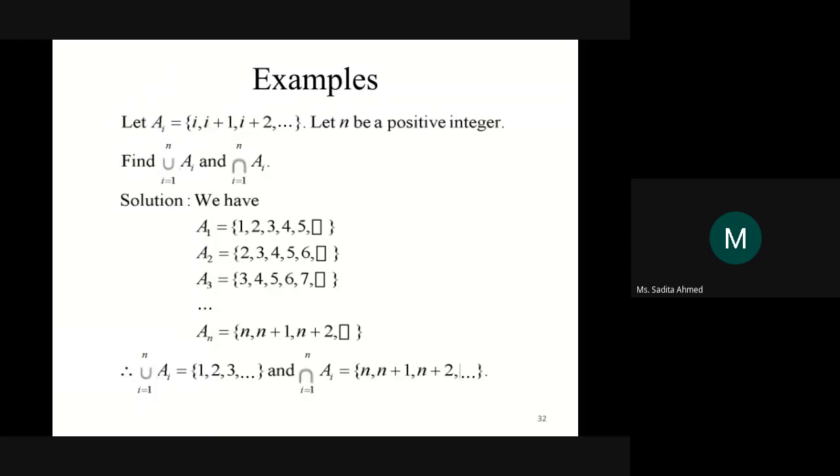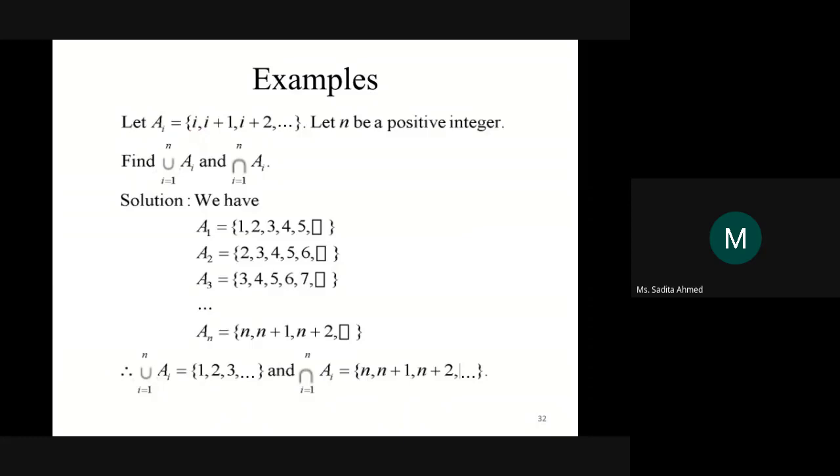The formula says that you start from the value of i and then keep incrementing. So for the first set, i is equal to 1, so the elements will start from 1 and keep incrementing: 1, 2, 3, 4, 5, 6, 7, 8, 9, 10, and so on until infinity. That is all positive integers.